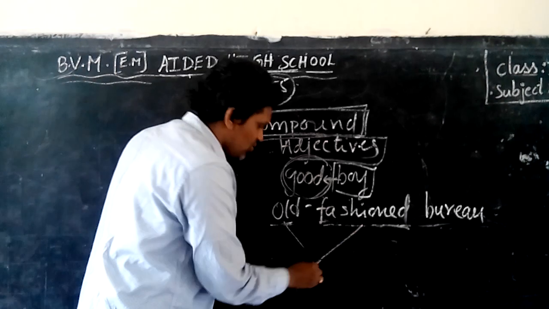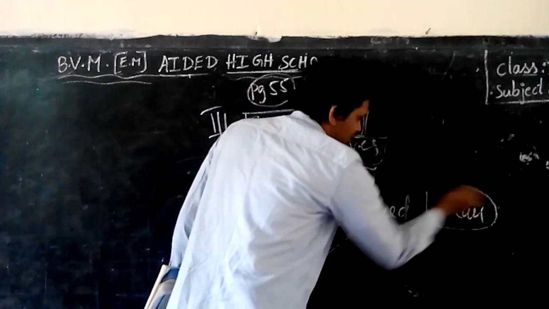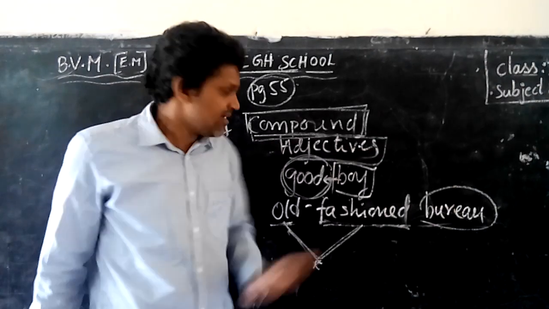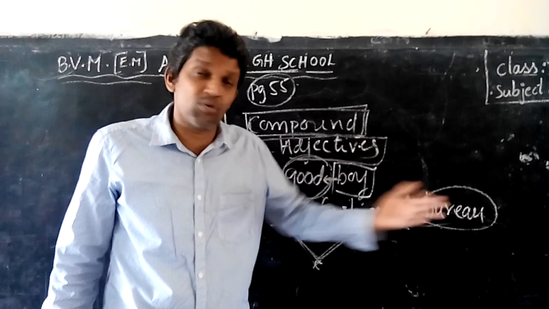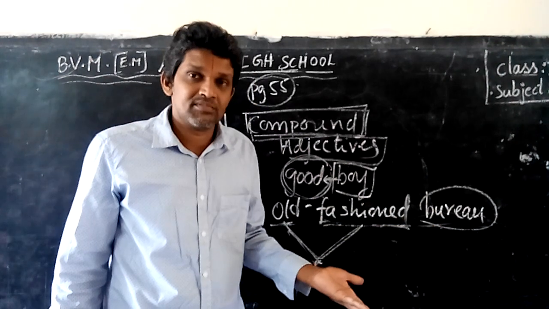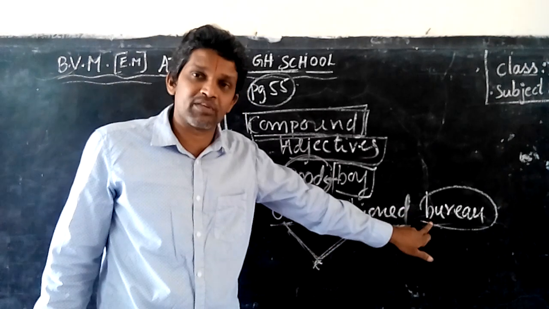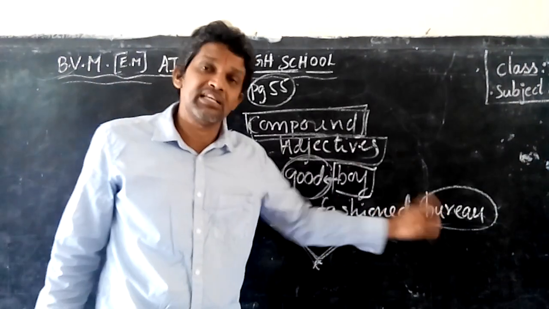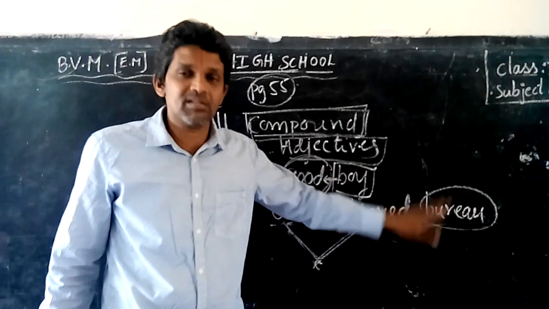These two adjectives are combined together to describe the noun bureau. One adjective, old bureau, is enough, but they want to express something more about this bureau, so one adjective is not sufficient here. They combine these two adjectives and describe the noun bureau. So old-fashioned is a compound adjective which is describing the bureau.